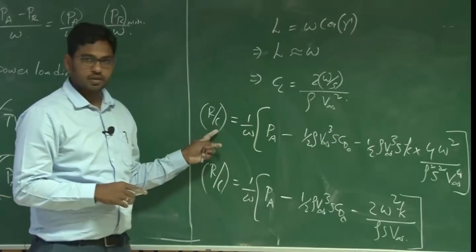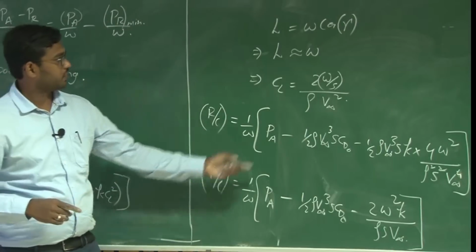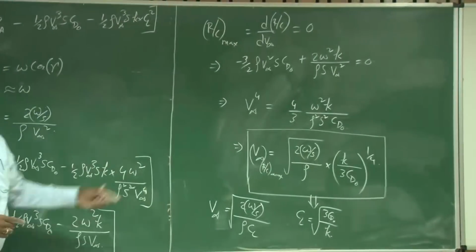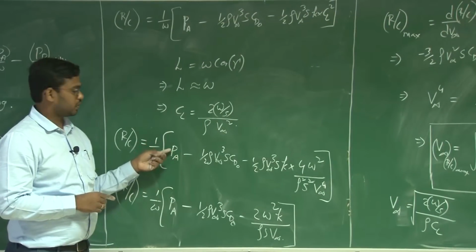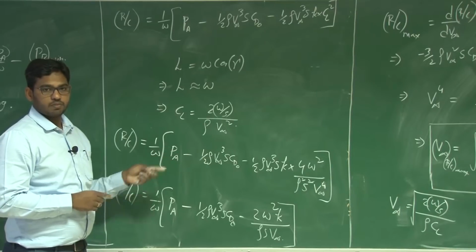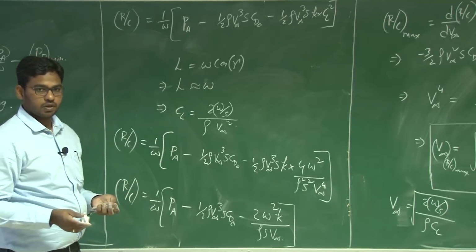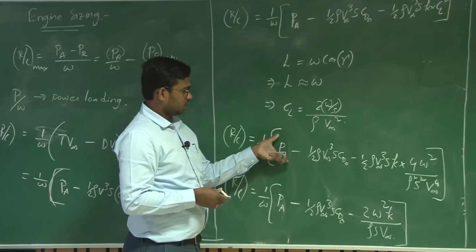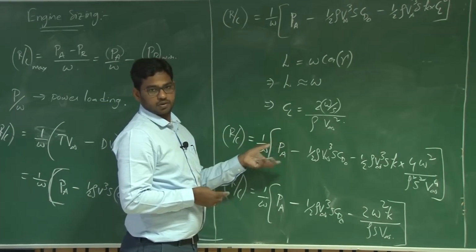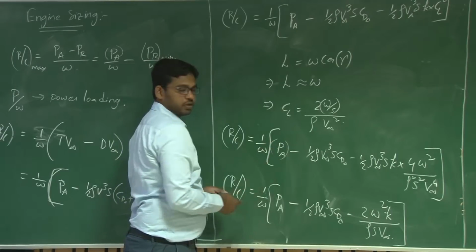While differentiating this rate of climb with V infinity, what we assumed is that this power available is constant with velocity, which means it is not affected by velocity, but indeed it is not true unless you use a variable pitch propeller for different altitudes, and it will not exactly remain constant, right. So, that is one assumption that we have considered here.